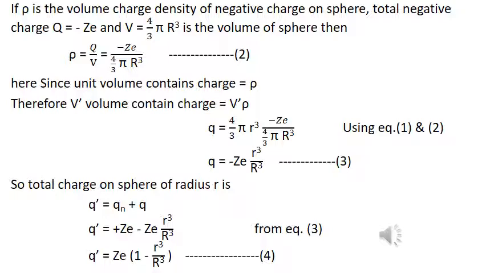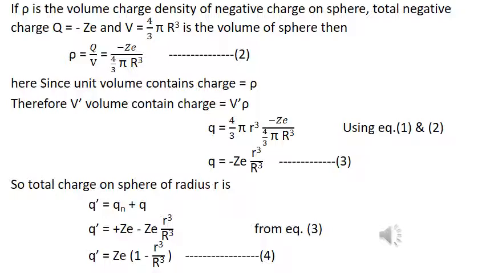Here we have taken Q is equal to minus Ze because it is given in the question that the positive charge is equal to the negative charge. So according to the charge distribution we can write rho is equal to Q by V. By putting the values we get rho is equal to minus Ze by 4 pi R cube by 3. This is equation number 2.